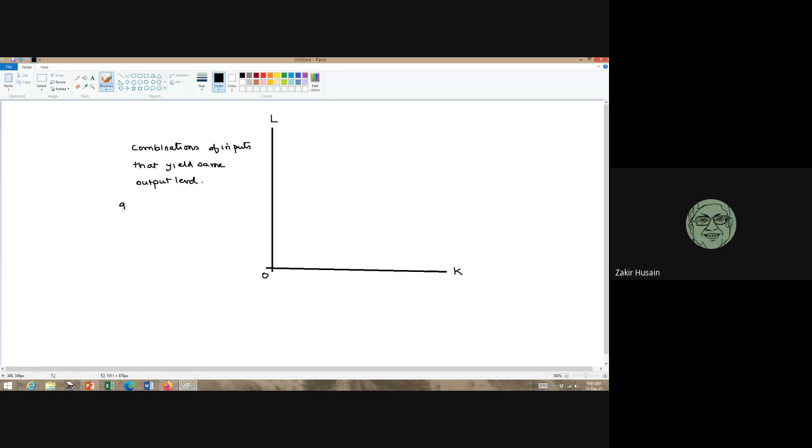So we fix output equal to, let us say, Q1, and then we identify all the labor and capital which will give us Q equal to Q1. Again, we can draw level sets for higher output levels also. So over here, the assumption is output is a function of labor and capital.